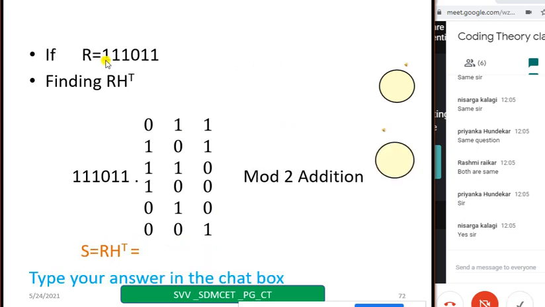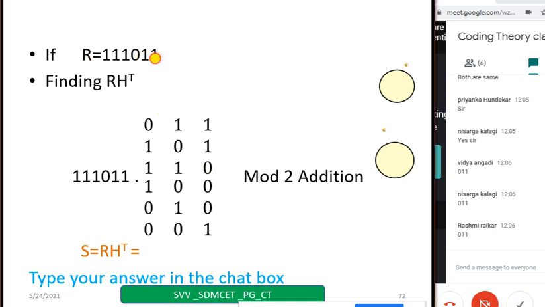And now if R equal to 111011, I want you people to multiply. Find the RH transpose and type your answer in the chat box. Most of you typed your answers. It is 011. Correct. Can you compare the previous R and this R?